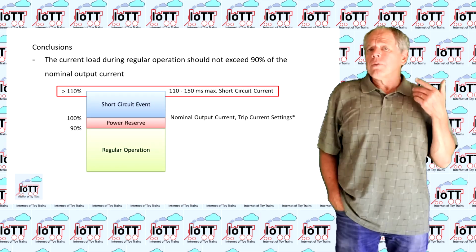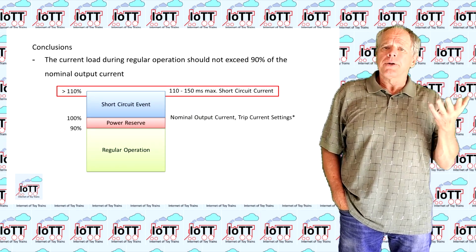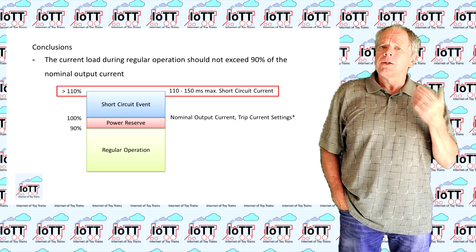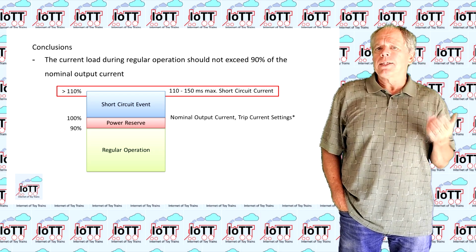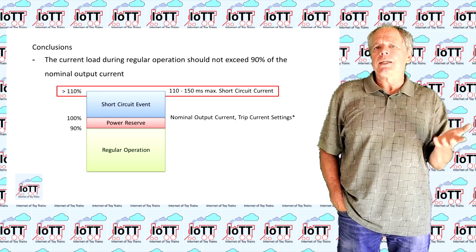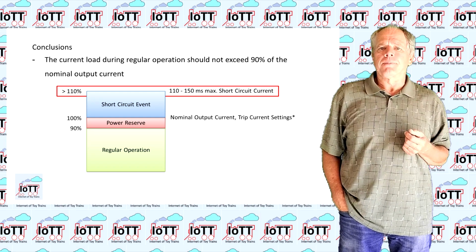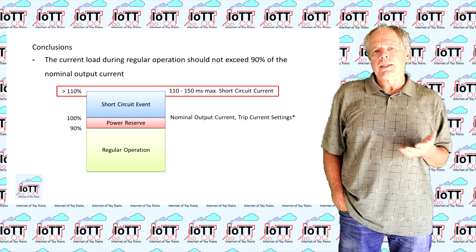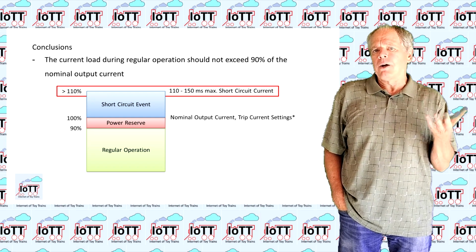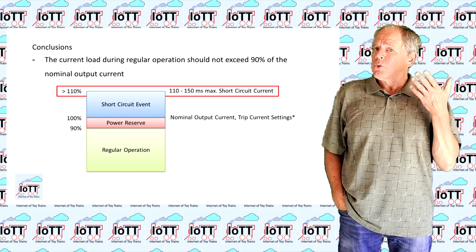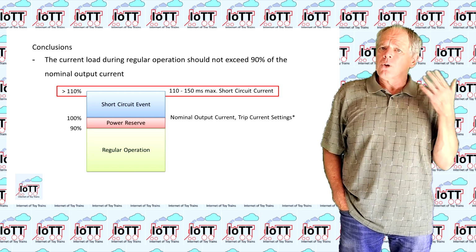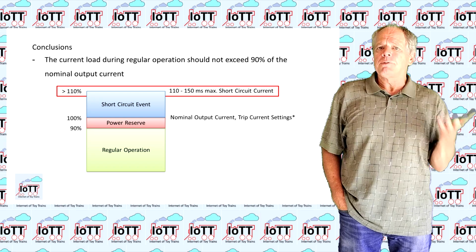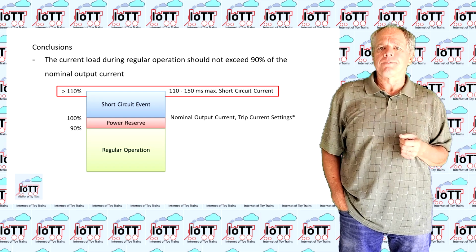Then, to be on the safe side, the normal current load during regular operation should not exceed, say, 90% of the nominal output current. This makes sure that the power supply can provide enough short circuit current for long enough so that the command station can shut down before the DC supply does.